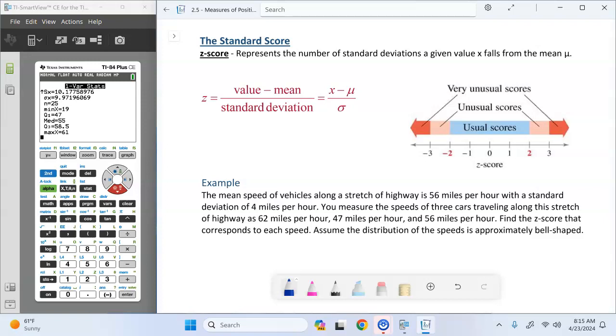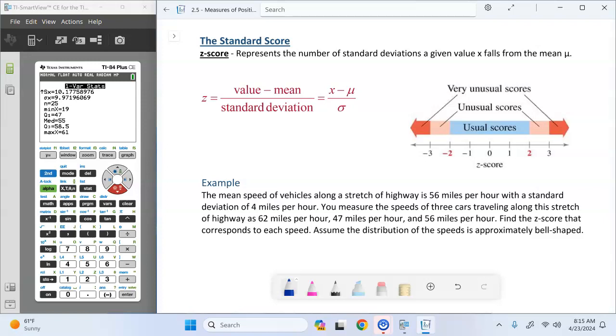But once we go past that, it's considered unusual. So we can have unusual scores between 2 and 3 standard deviations above and below. And if we go beyond 3 standard deviations, that's less than 0.3% of our data. That is very unusual.